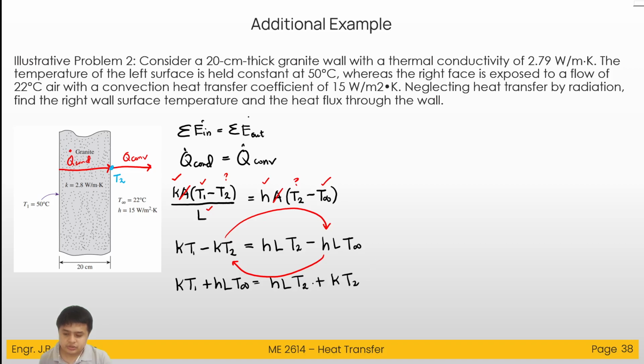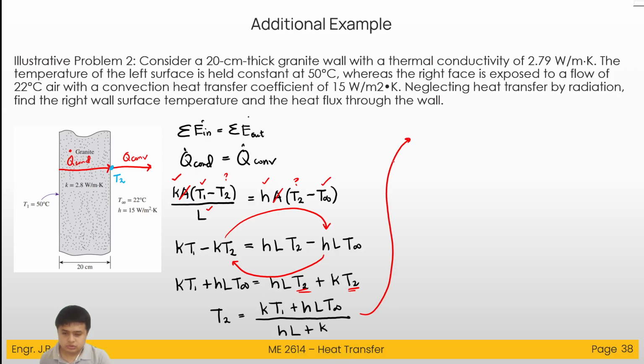Okay, so factoring out the T2, and then dividing by hL plus k, you have T2 is equal to, swapping the equation as well, kT1 plus hL T infinity all over hL plus k. Okay, so we can use this equation to solve for T2.